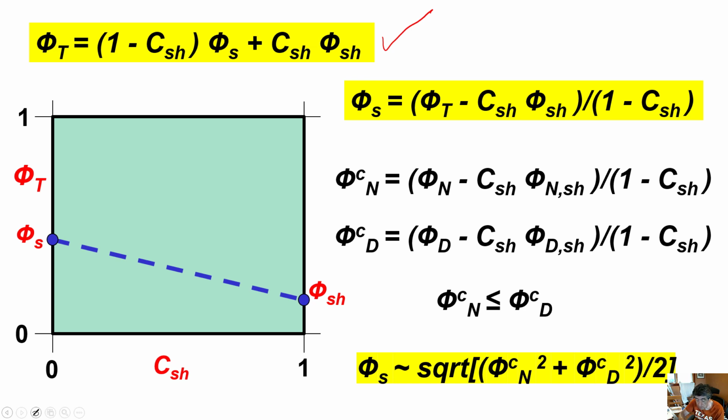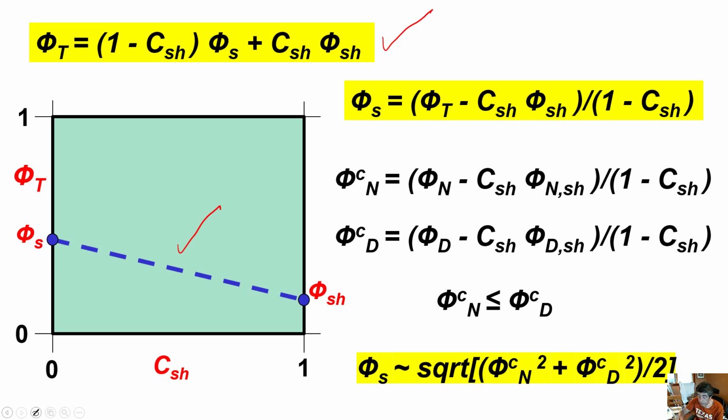That is the realization of this formula or this diagram here, which means that in shale laminated sandstone you have two end members, and the total porosity of the rock is a linear mixing of the two porosities, where the weights are given by the volumetric concentrations of the two end members.